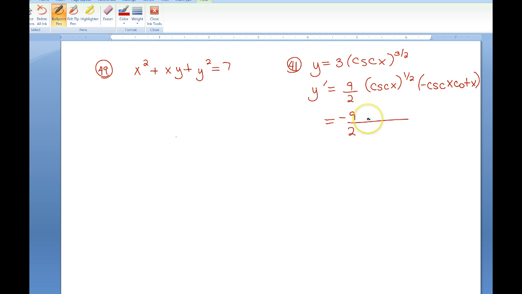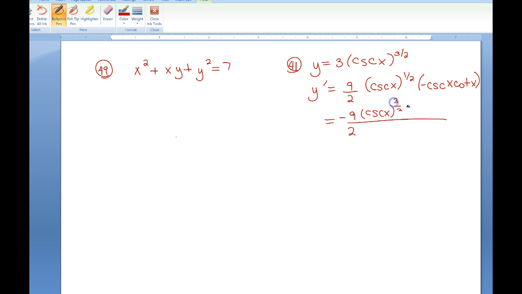Oh, and then everything's on the top. It's a square root, or cosecant to the 1 half. They put it to the third. Right, this is to the first power. So they just made it 3 over 2? Then you have it to a negative power though, so negative.